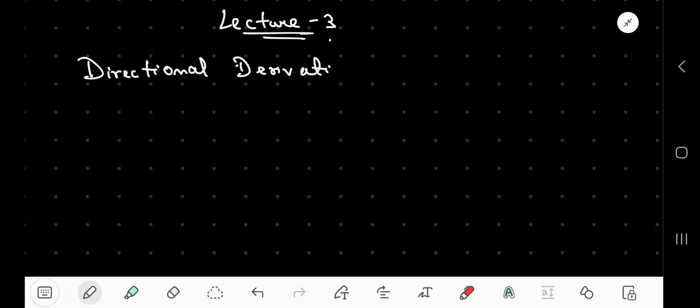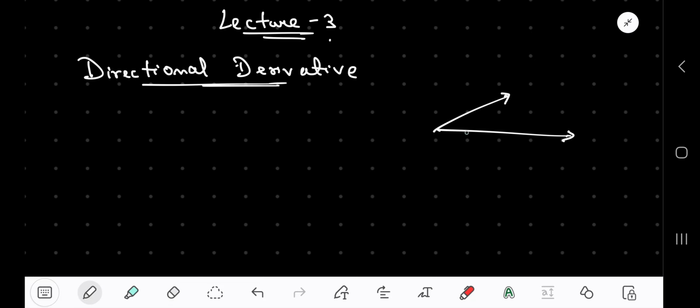If I talk about a very basic geometrical intuition behind directional derivatives, of course, I can't draw a multidimensional space here. But let me draw it this way. I am trying to do it as much as I can.